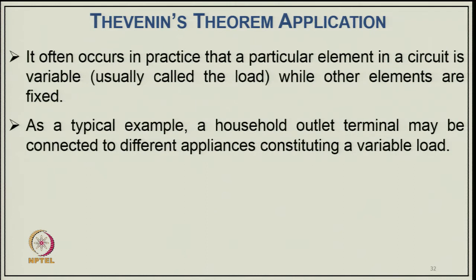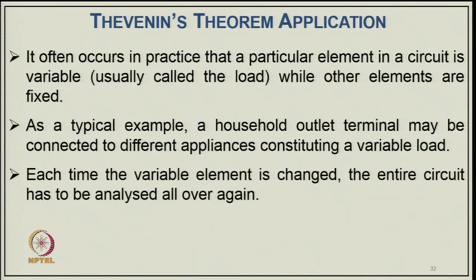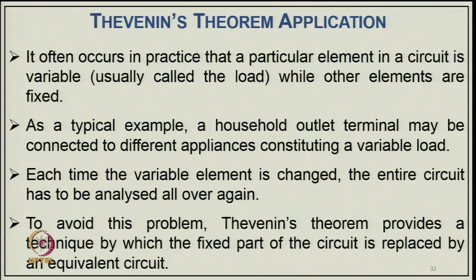As a typical example, a household outlet terminal may be connected to different appliances constituting a variable load, and each time the variable element is changed, the entire circuit has to be analyzed all over again. To avoid this problem, the Thevenin theorem provides a technique by which the fixed part of the circuit is replaced by an equivalent circuit, which we call the Thevenin equivalent circuit.